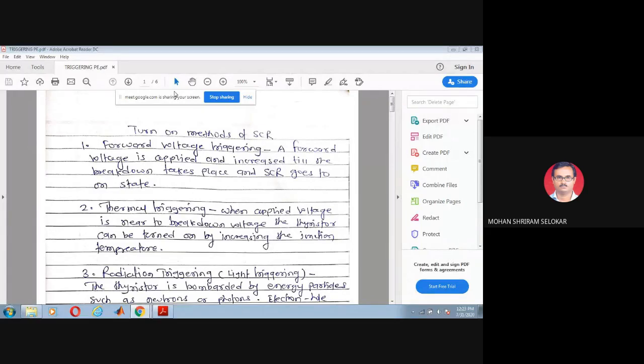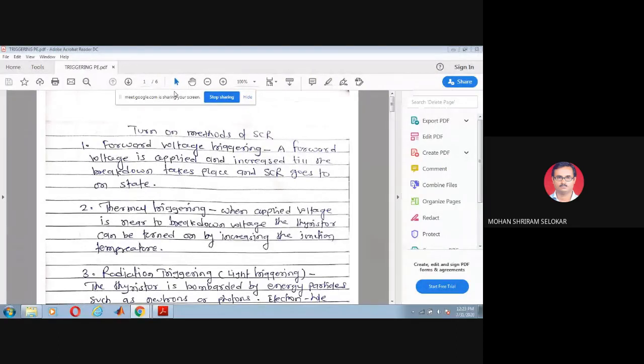As you know, when forward voltage is applied to the SCR, junctions J1 and J3 are forward biased, whereas junction J2 becomes reverse biased. When the voltage across the SCR becomes equal to the breakdown or breakover voltage, the SCR goes into the on state.